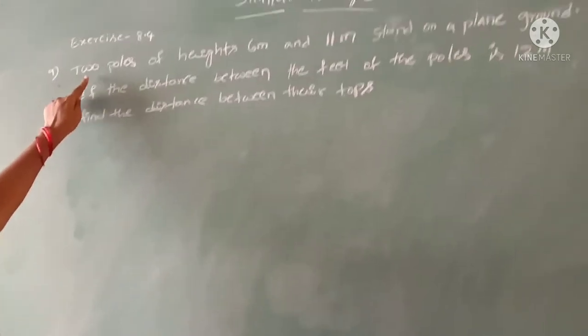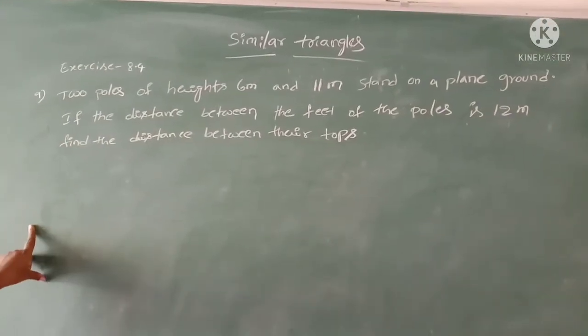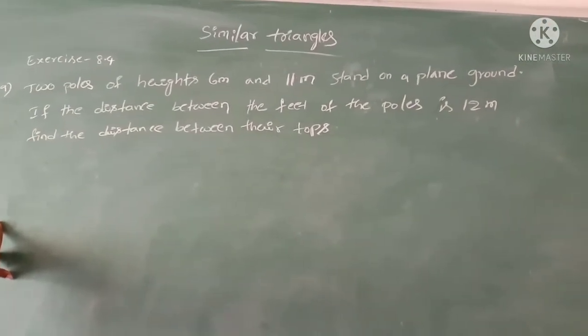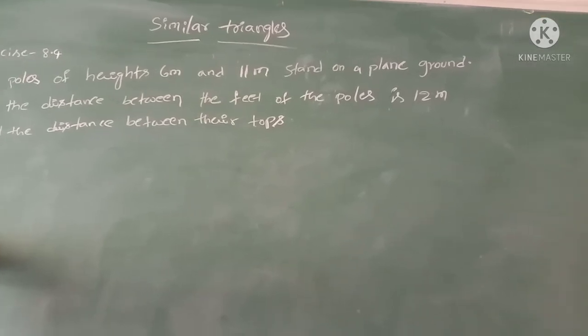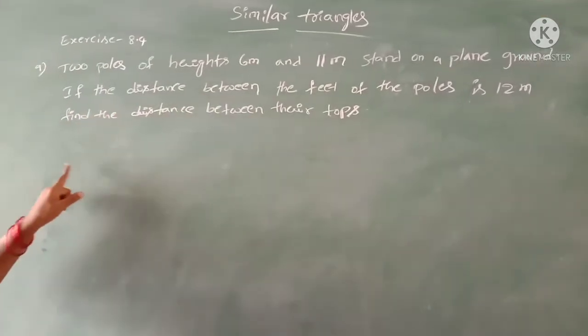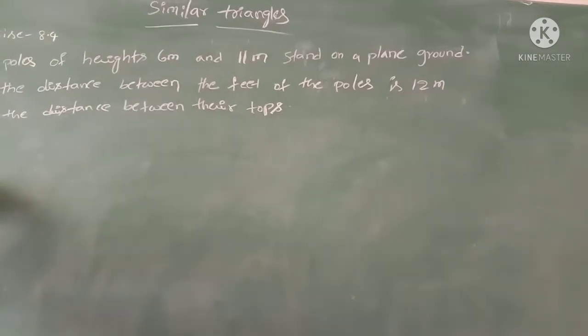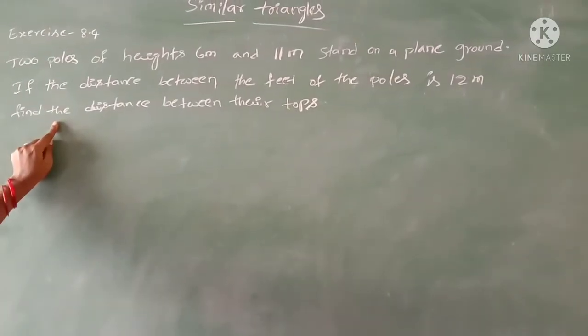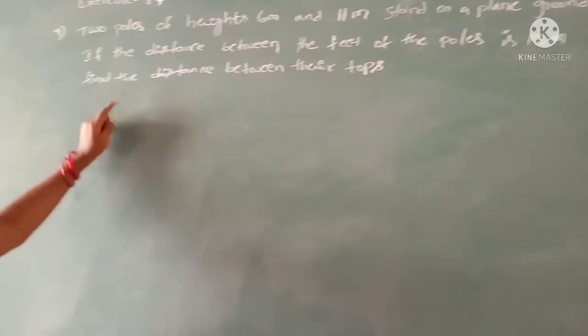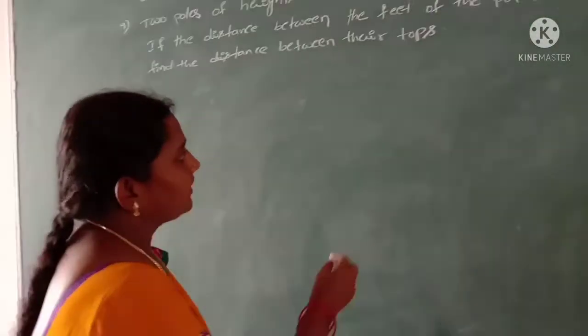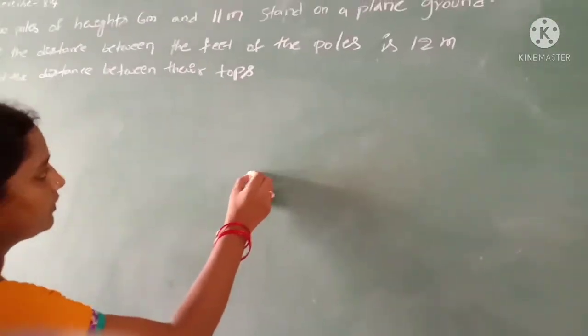Next problem. Two poles of heights 6 meters and 11 meters stand on a plain ground. If the distance between the feet of the poles is 12 meters, find the distance between their tops. So, first draw the figure.